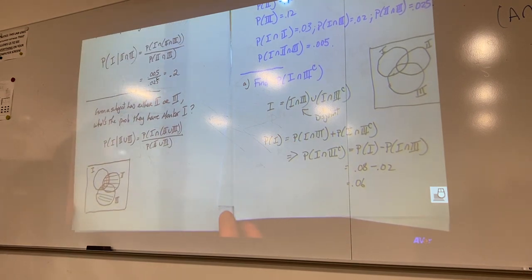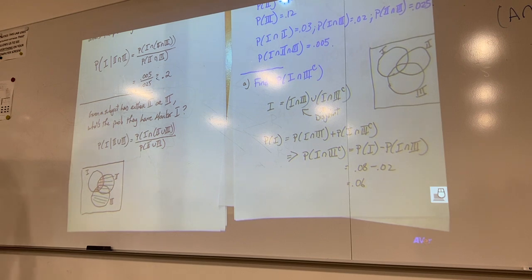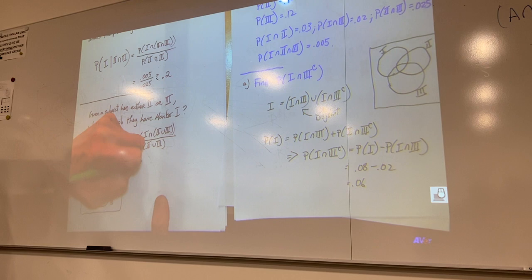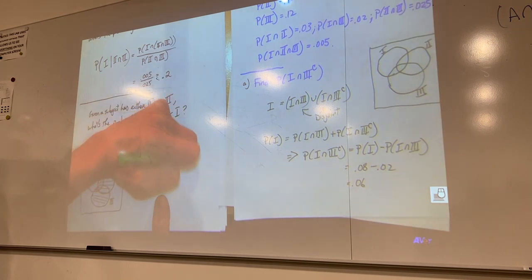Don't forget that the probability of 2 or 3 is the probability of 2 plus the probability of 3, but they're not disjoint, minus the probability of 2 and 3.